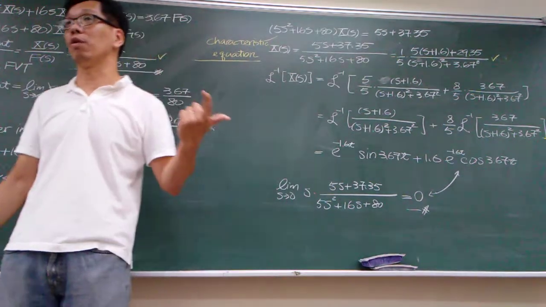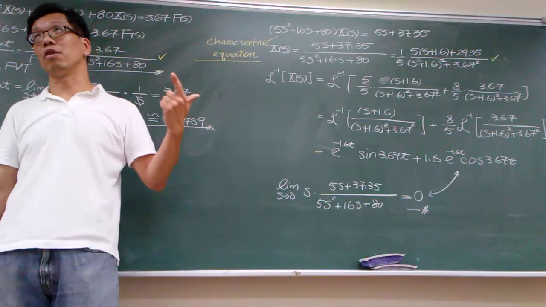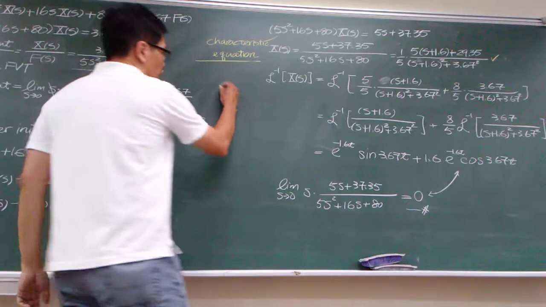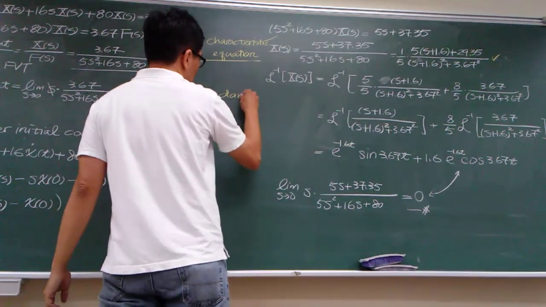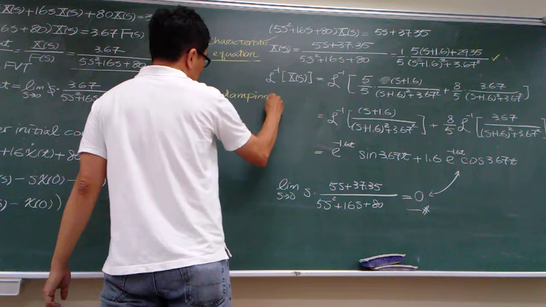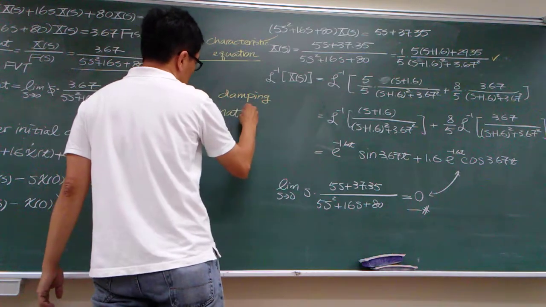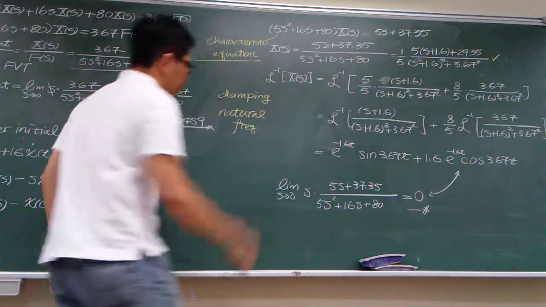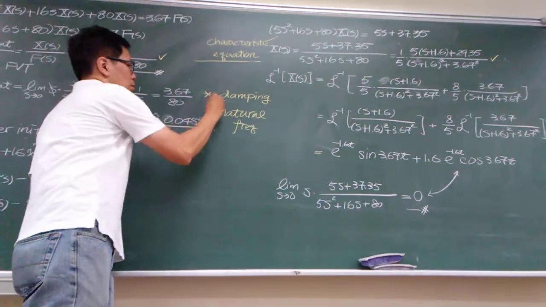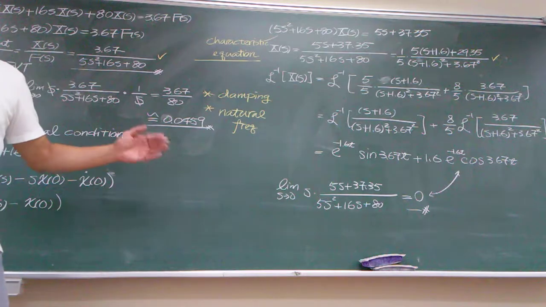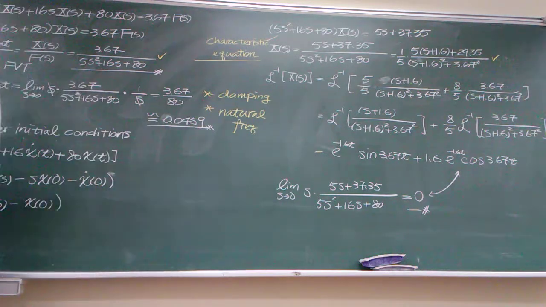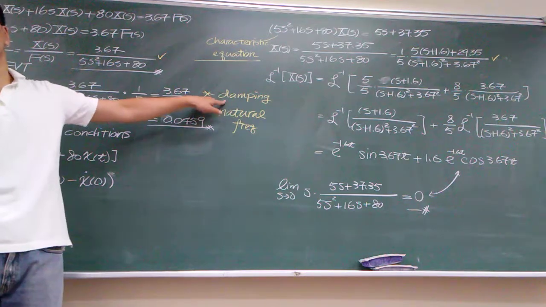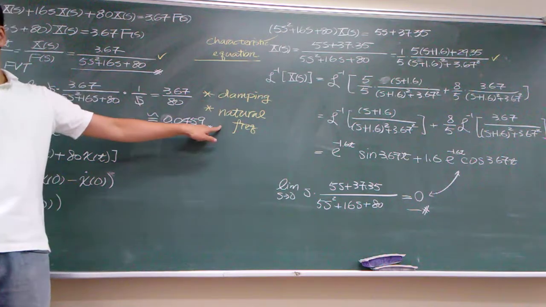We're going to talk about this when we are dealing with second order systems. But for a second order system, we always need to worry about damping and natural frequency. It doesn't matter what kind of output you have from the external excitation. The system always has the same damping and the same natural frequency.